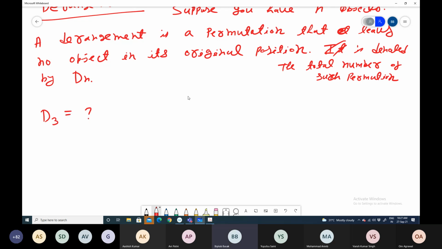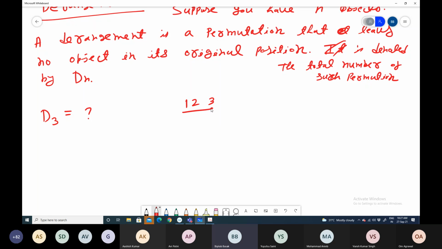So you have 1, 2, 3. This is only 3 elements. You have to give a permutation of this 1, 2, 3 so that none of them is in its original place. Can you tell me what is D3?